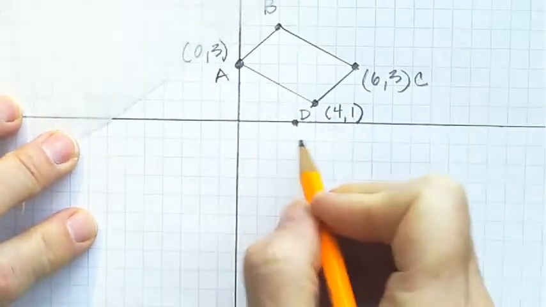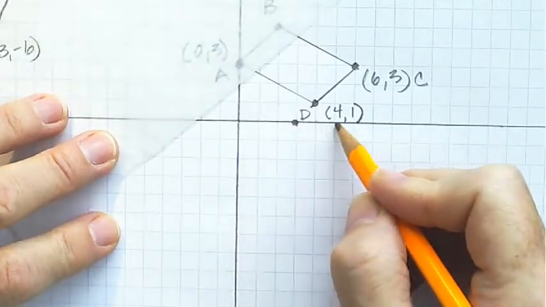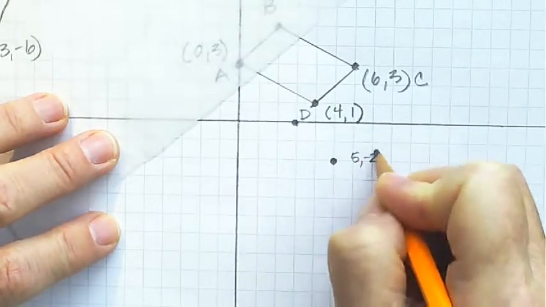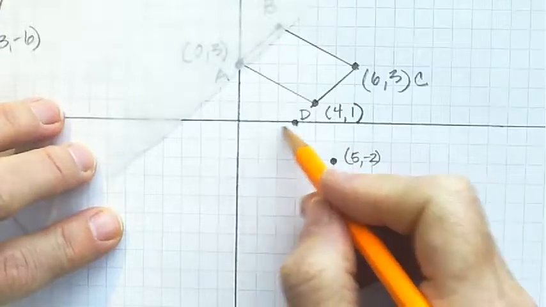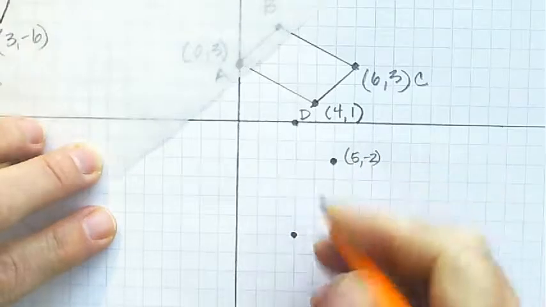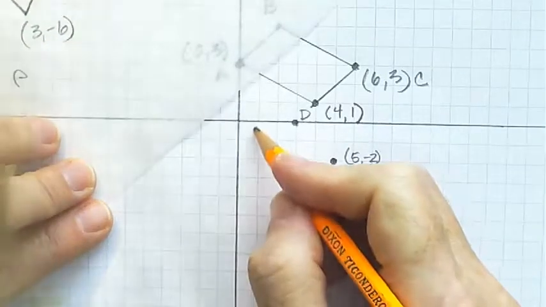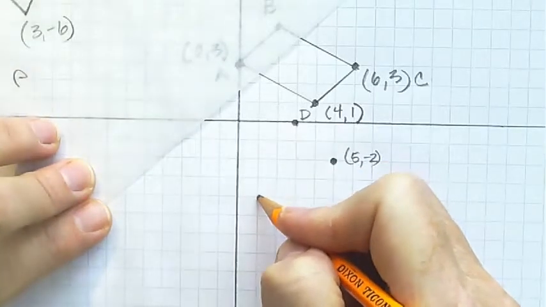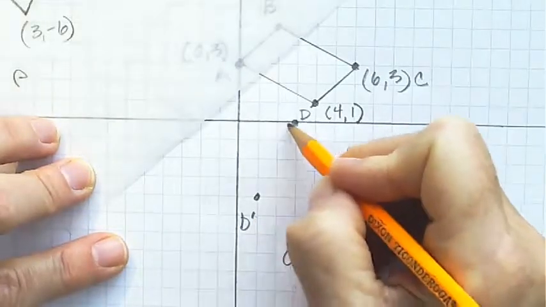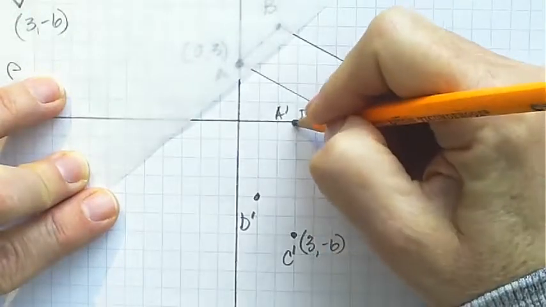Let me graph them and then I'll figure out where to put the letters. B is at 5, -2. C is at 3, -6. And then D is at 1, -4. Okay, so here's C prime, D prime, A prime, B prime.